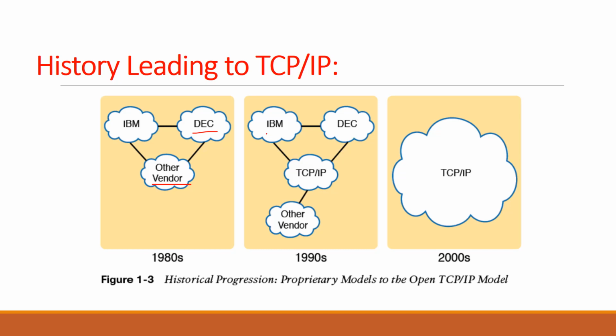There were also IBM SNA and DEC, another networking model, and TCP/IP. But eventually, at the beginning of the 2000s, TCP/IP became the only acceptable networking model, or the official networking model for all network-connected hosts. And today, all of us are using TCP/IP. If you have a laptop, a PC, or a mobile phone, all of them support the TCP/IP networking model.